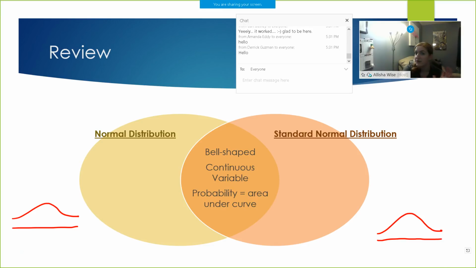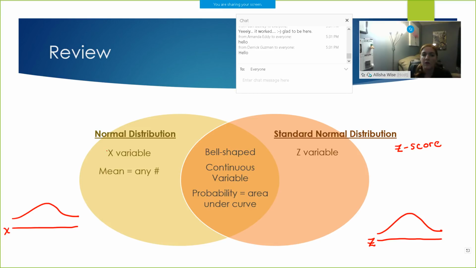So what are some of the differences between these two? Well, the normal distribution has an x variable, some x value that we're trying to find here, and we use x for normal. Whereas a standard normal has a z value. And sometimes we call that z value the z-score.